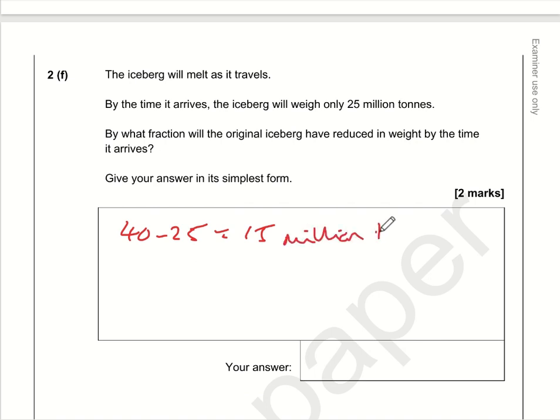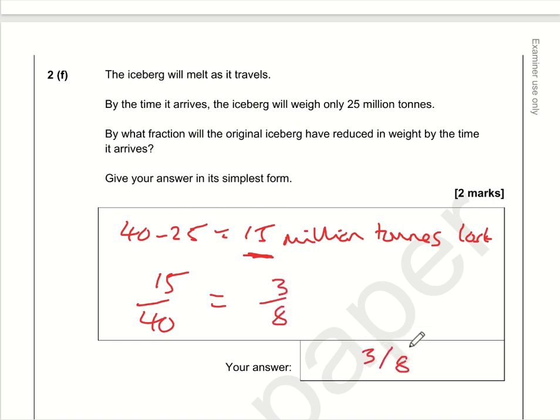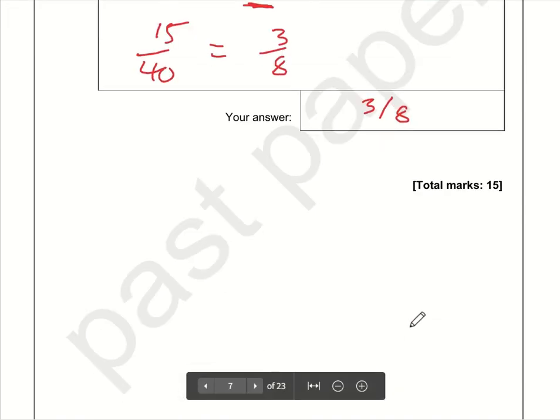Sorry, 15 million tons has been lost rather. So what we want to work out is this as a fraction of what it was to begin with. So 15 out of 40. This fraction can be simplified. We can divide the top and the bottom by 5, which is 3/8. So it's reduced by 3/8.